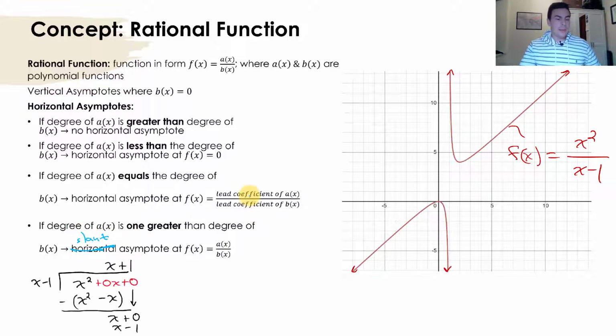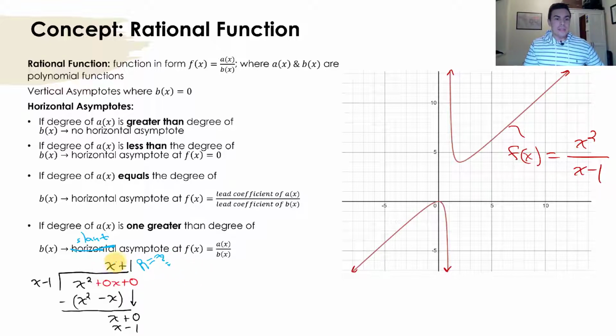In order to find that, we have to take the quotient of my numerator and my denominator, which we've done here with long division. I do not care about my remainder. I don't care what the remainder is.